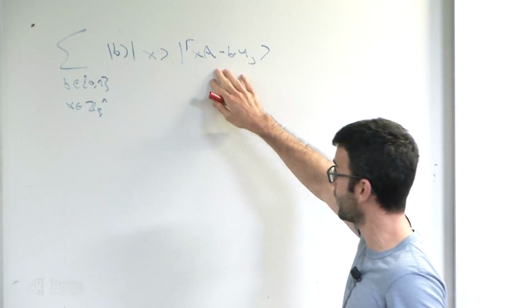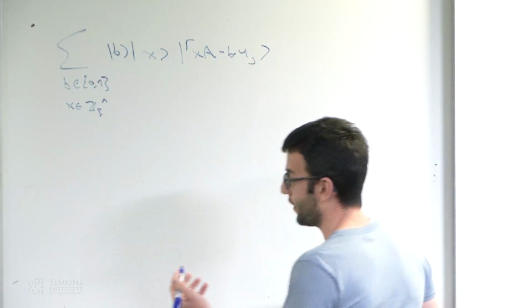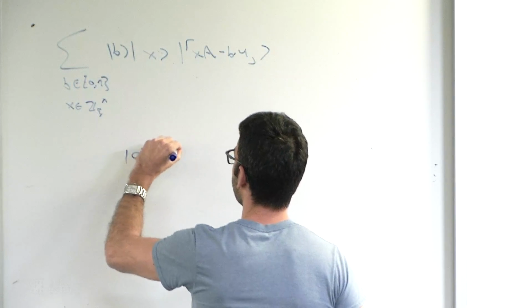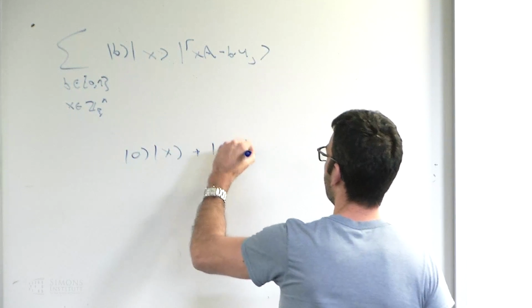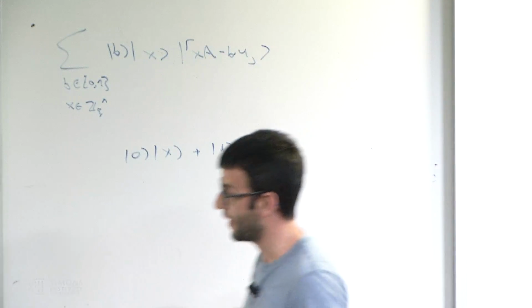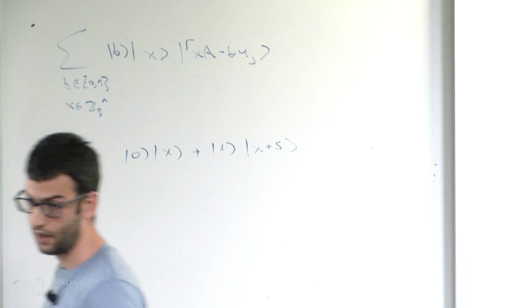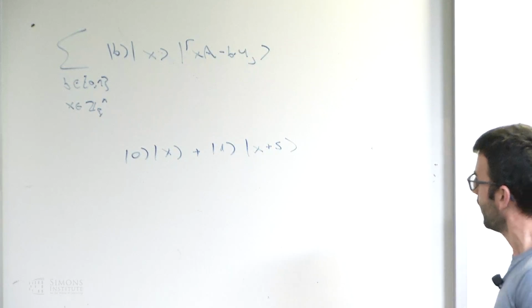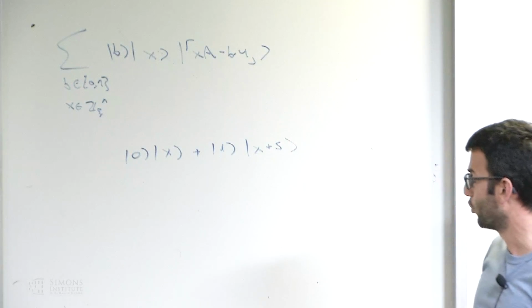So if I measure this register, I'm going to get a superposition of the form |0>|x> plus |1>|x plus s>, where s is exactly the secret of this LWE instance. And this is going to happen with very high probability.